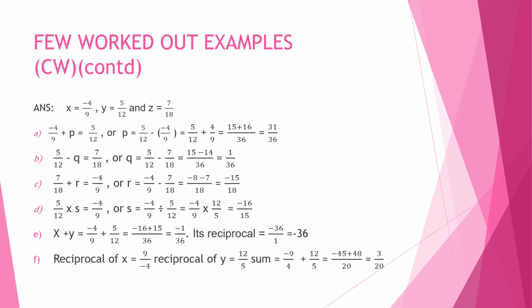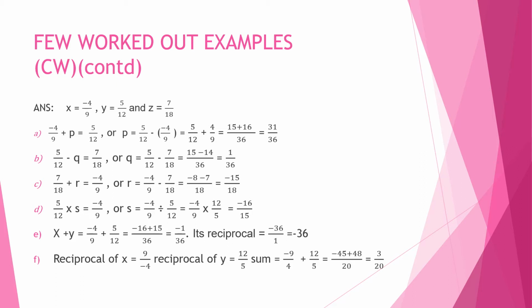Now part A, as I've said, minus 4 by 9 plus what? I've taken it as P, so P will be equal to 5 by 12 minus of minus 4 by 9. Just following the simple rules of subtraction and addition, we find the value. First you need to open the bracket, and be careful.